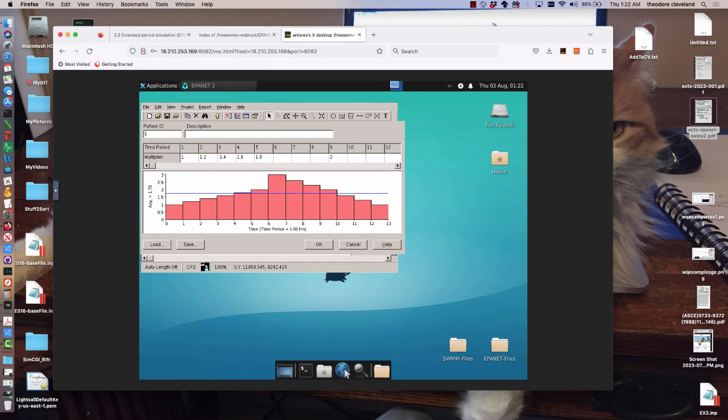I'm trying to get linear variation without thinking about that.